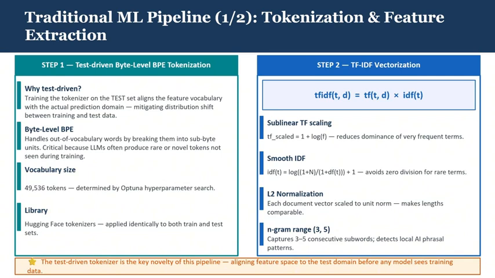The tokenized text is then converted to TF-IDF features with 3 modifications: sublinear TF scaling to reduce the effect of frequent terms, smooth IDF to handle rare terms, and L2 normalization for length comparability. We use n-gram ranges of 3 to 5 subwords, capturing the local phrasal patterns characteristic of AI-generated text.